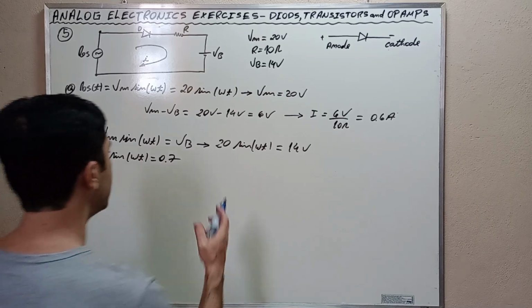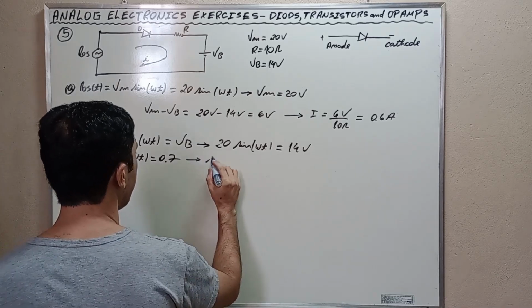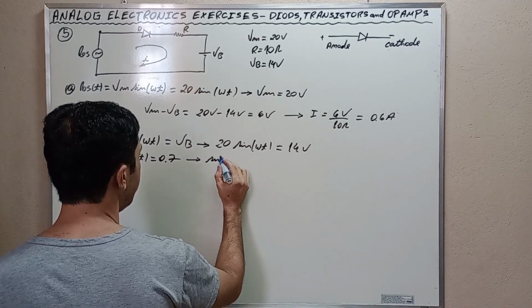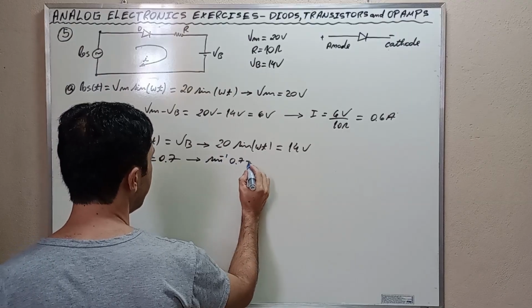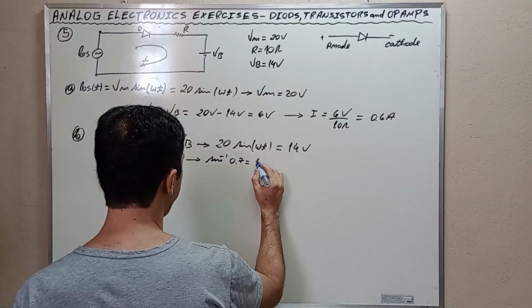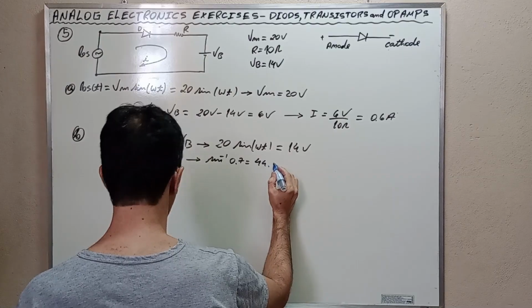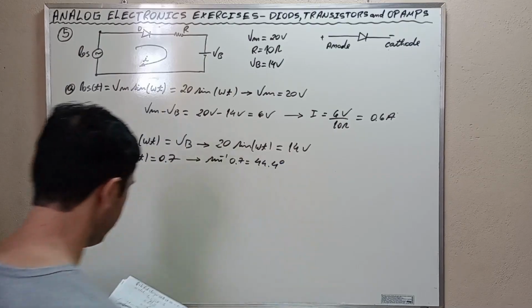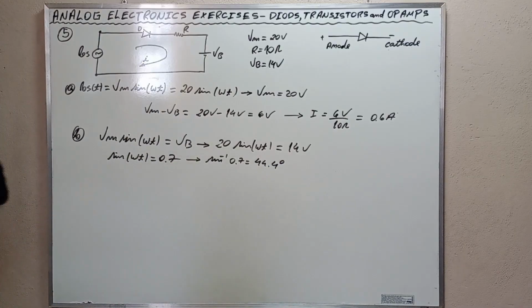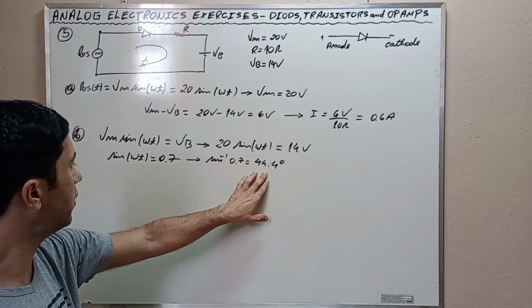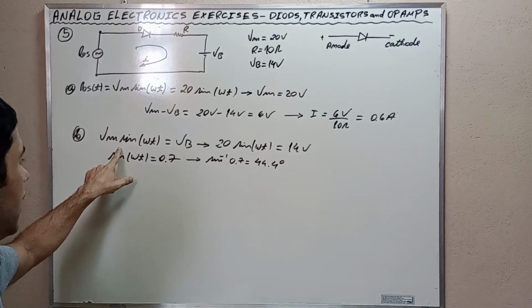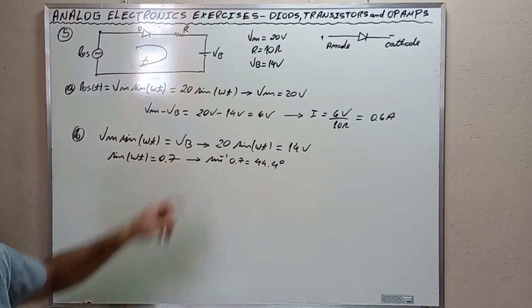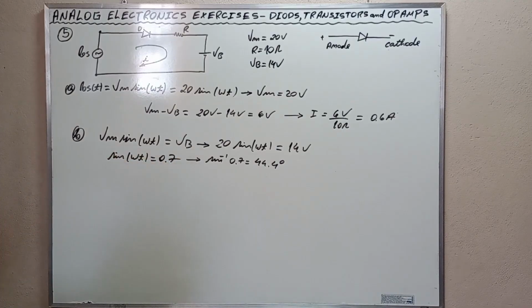Okay, the inverse sine of 0.7 is equal to 44.4 degrees. Okay, this is a very important result in this calculation to discover the angle in which the sine wave is equal to the voltage of the battery.